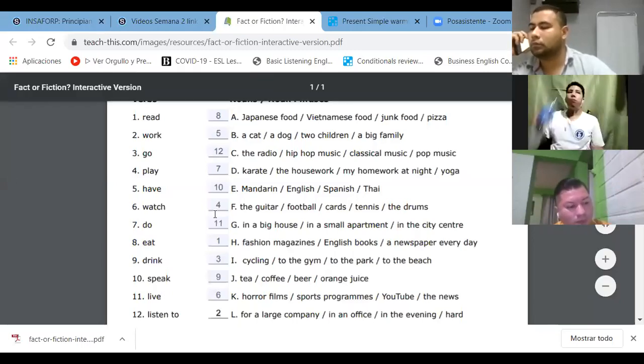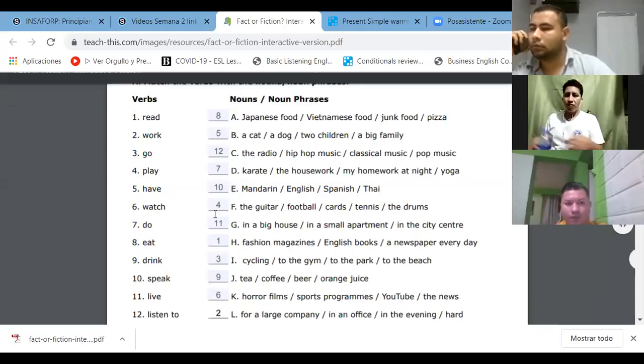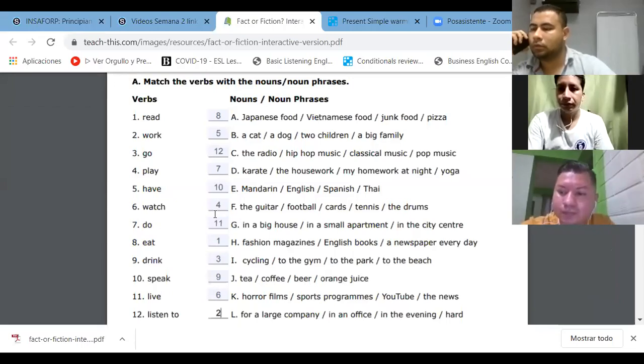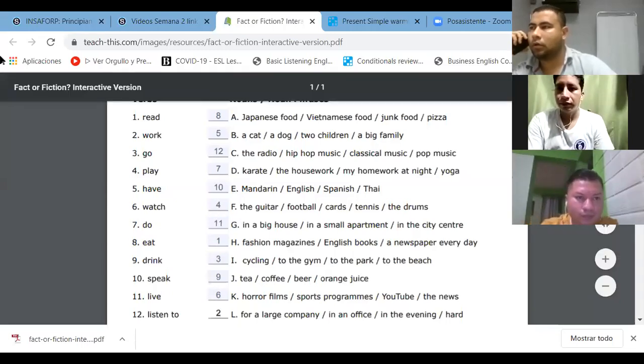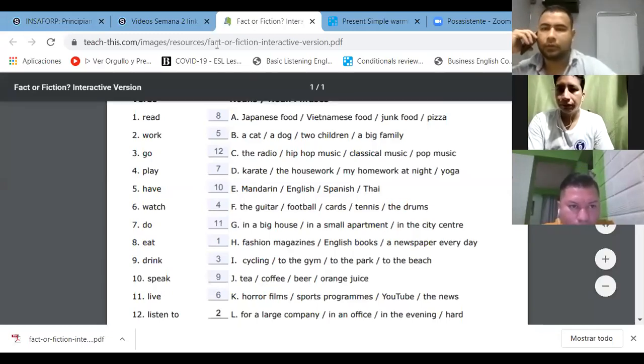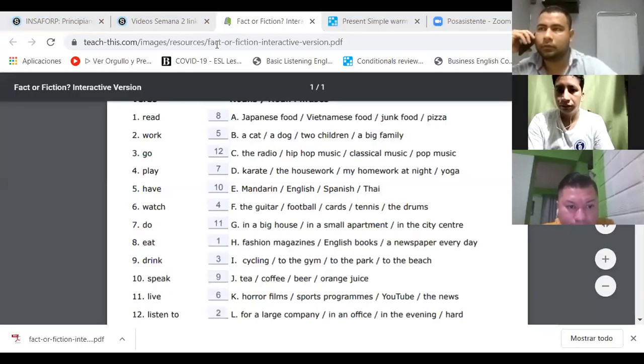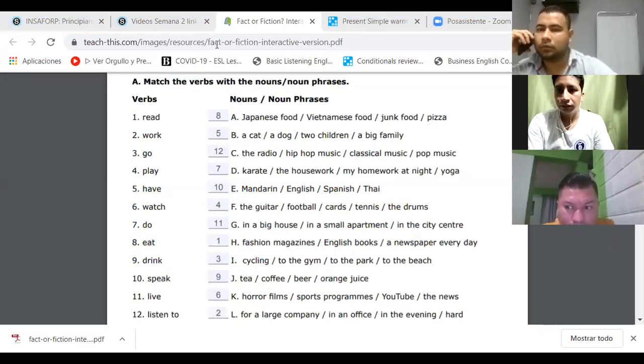Okay, what we're gonna do is this. Using these verbs, and these nouns or noun phrases, I'm going to give you an example. We're gonna have a kind of guessing game. You need to say three sentences.